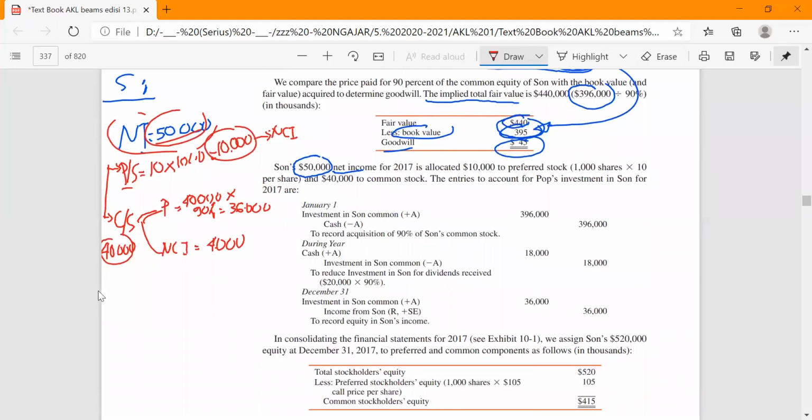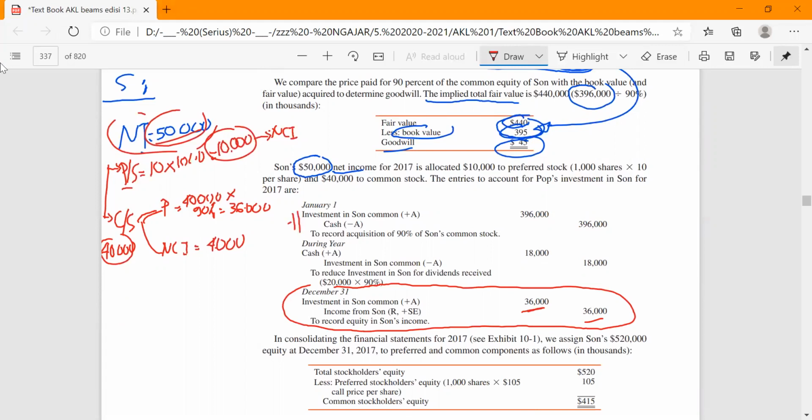So that's why, as you can see here, the equity in S income is only $36,000. So that's the number. And then this is the journalizing when P purchased S.